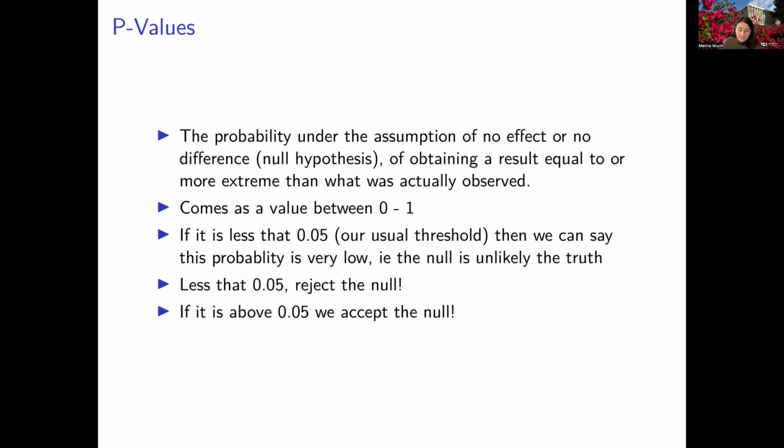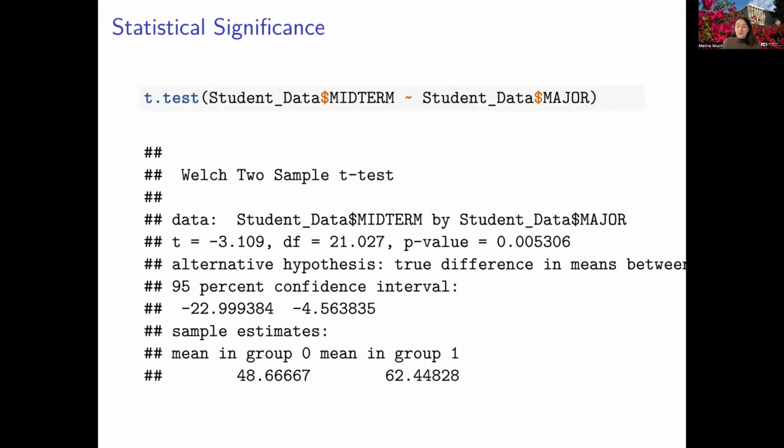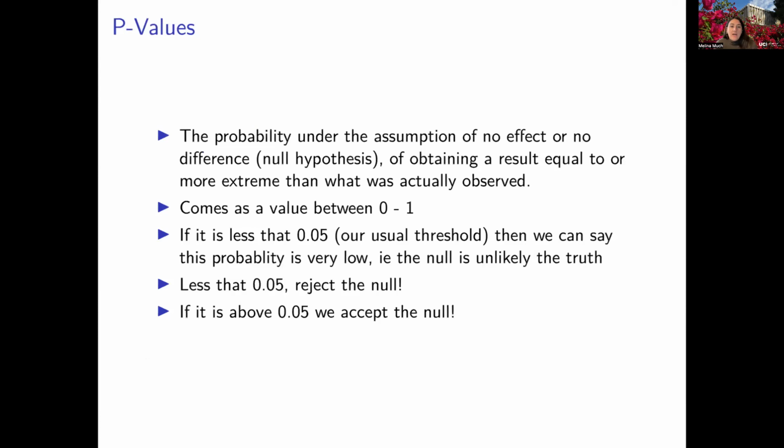So if that p-value is less than 0.05, then we can say that this probability is very low, i.e. the null is unlikely to be the truth, so we can reject it. So less than 0.05, we can reject the null. If it's above 0.05, we accept the null.